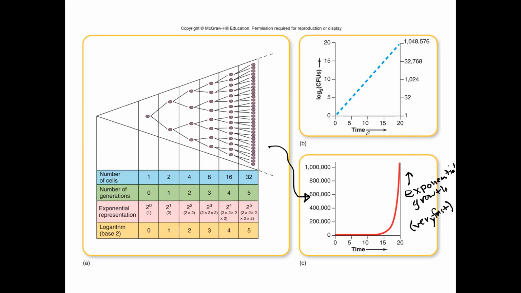Sometimes if we want to show this in the form of a line, we can use what's called semi-log paper, where you've got one axis that's a normal axis, where the increments are always the same, 0 to 5, 5 to 10, and so on.